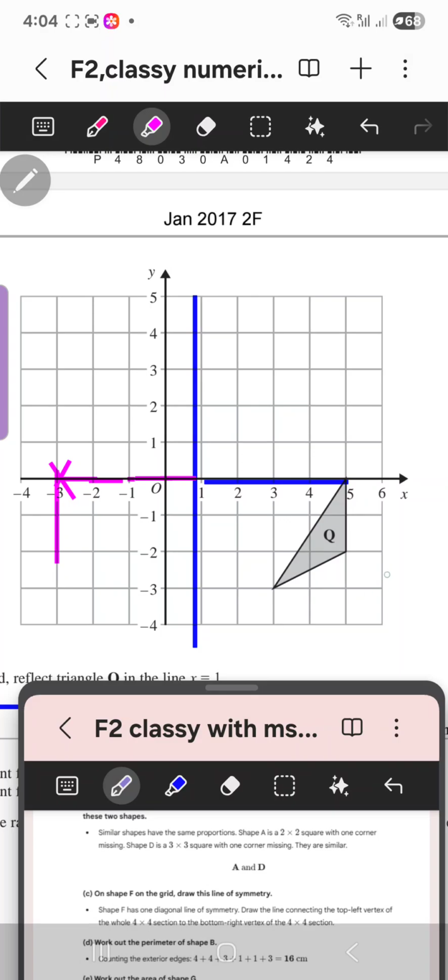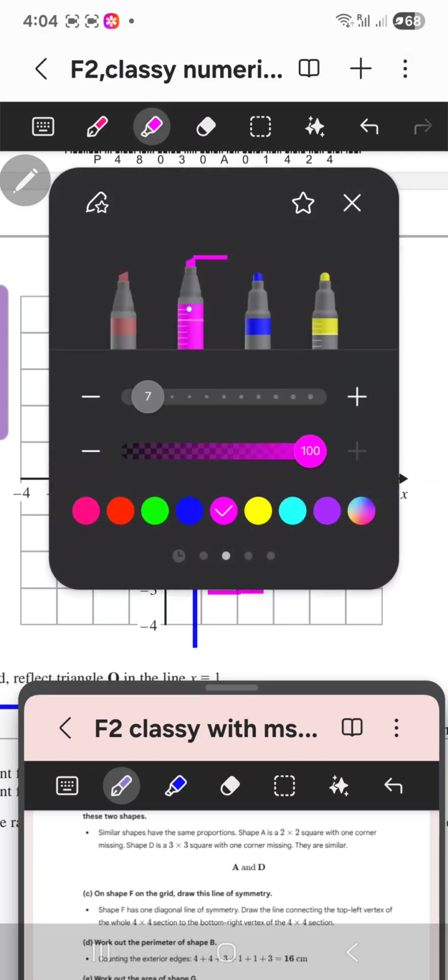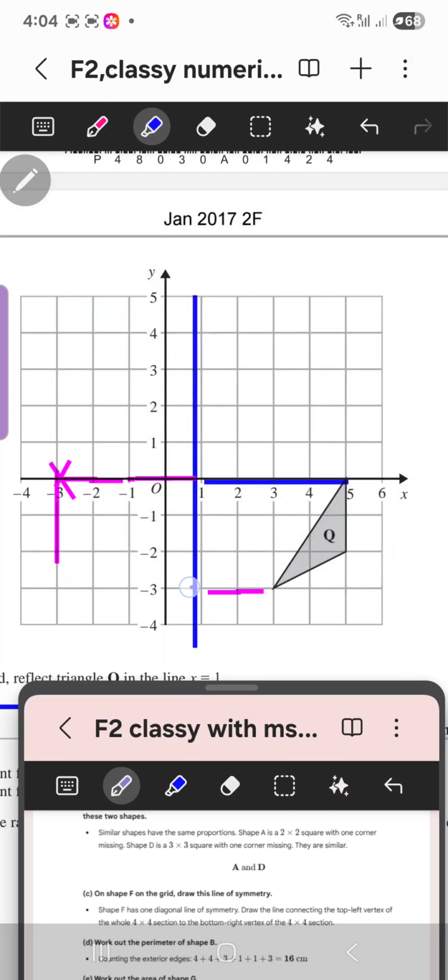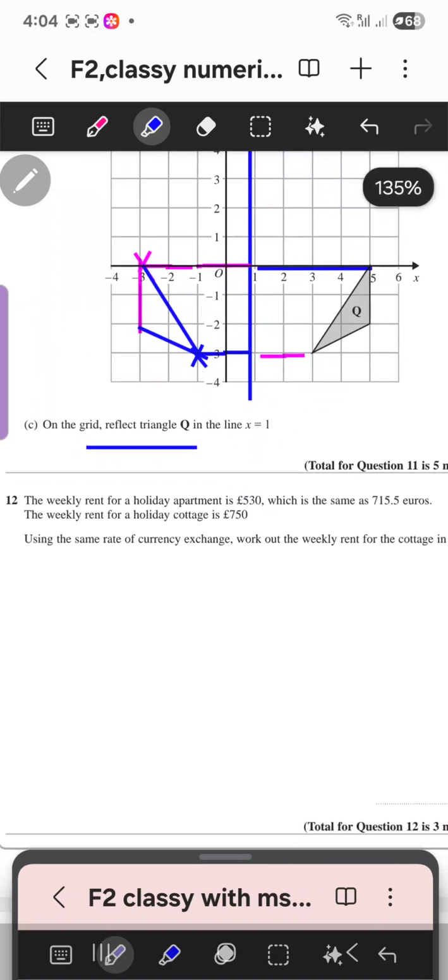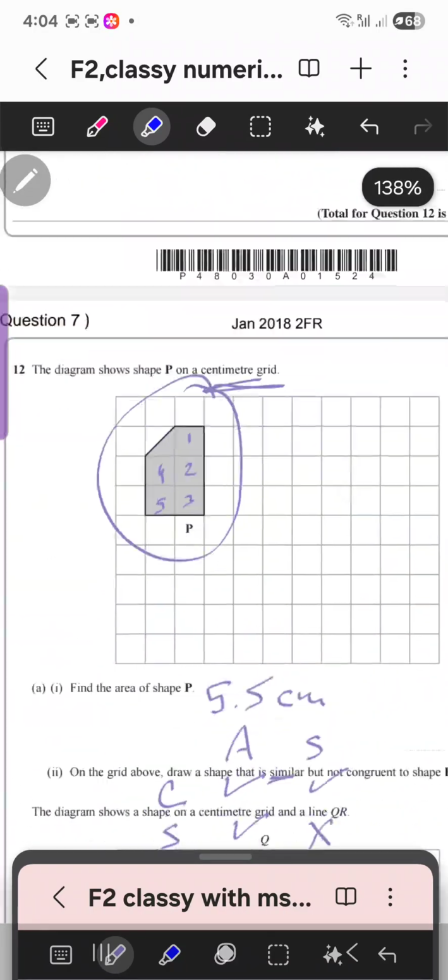Then start to draw the shape here 1 2, and here we move also 1 2 and reflect it here exactly. Then we join it like this, and that is the reflection, and the reflection is the easiest part.